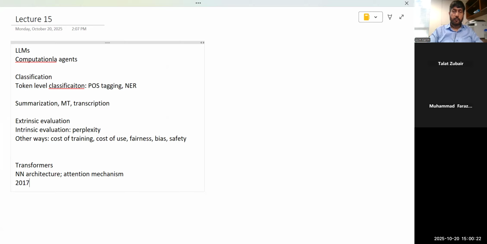But using attention in a feed-forward type of approach was done by Vaswani, I think, in 2017, and he named it the transformer. Okay, so that's the architecture that we are going to look into today.